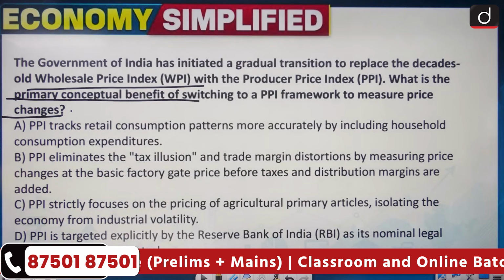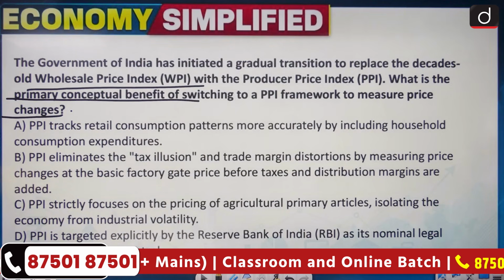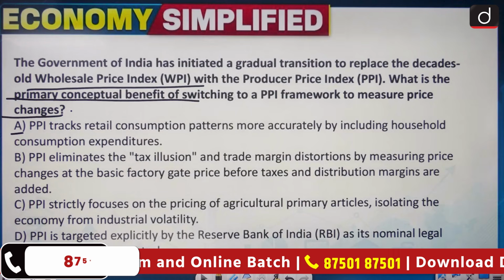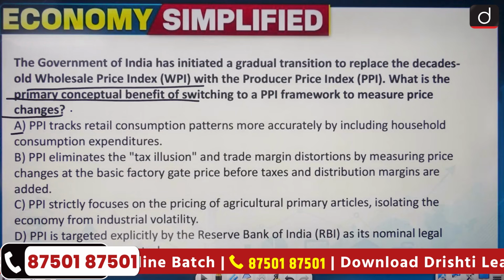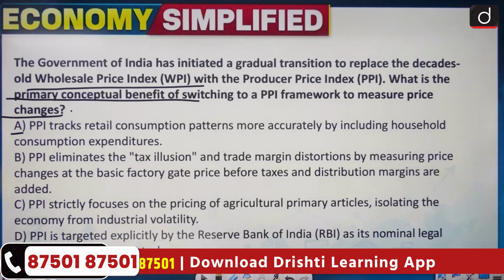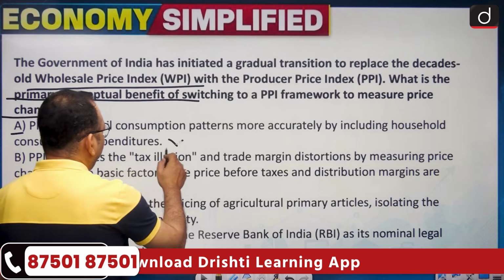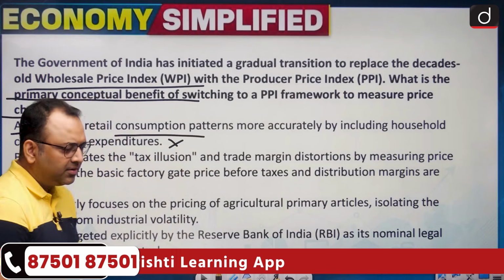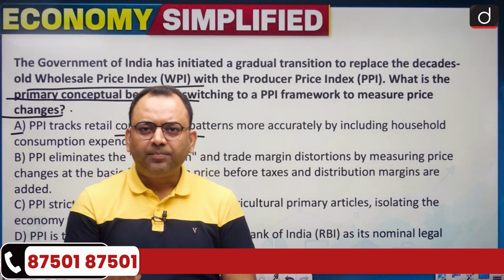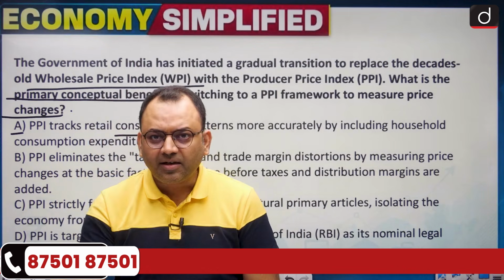See, the options are: the first statement is that the PPI tracks retail consumption patterns more accurately by including household consumption. This is not correct because the PPI doesn't track consumption patterns. It's only tracking the change of the prices of the produce at the factory exit gate, right?